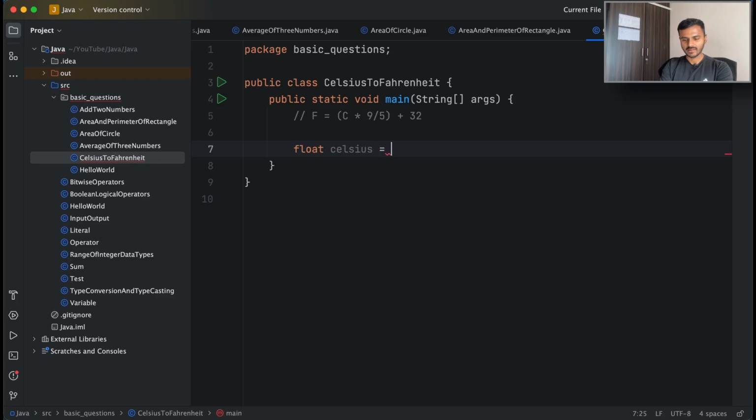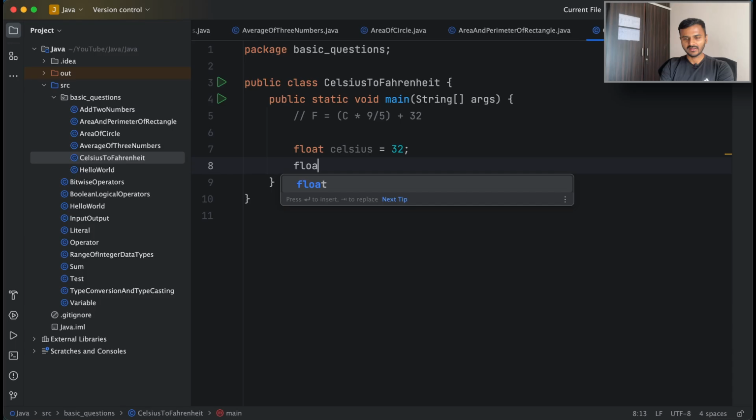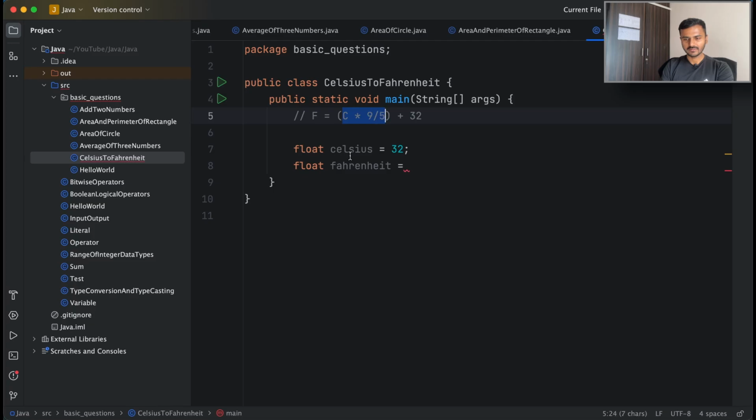And we can say, for example, 32. Then in order to find the temperature in Fahrenheit, we can say Celsius multiplied with 9 divided by 5 plus 32. And we will end this with a semicolon.